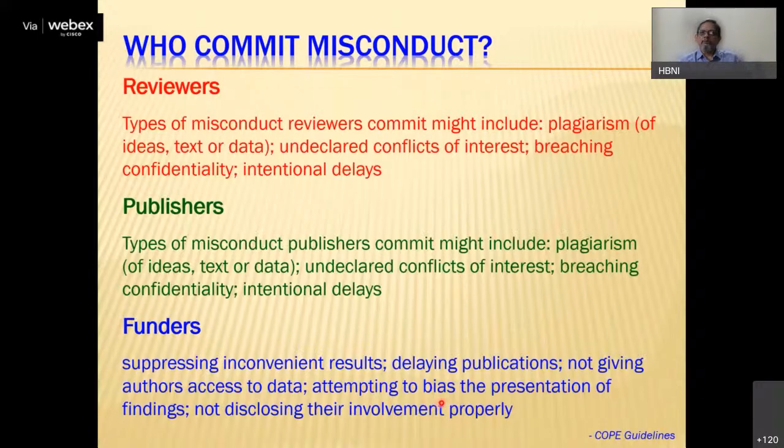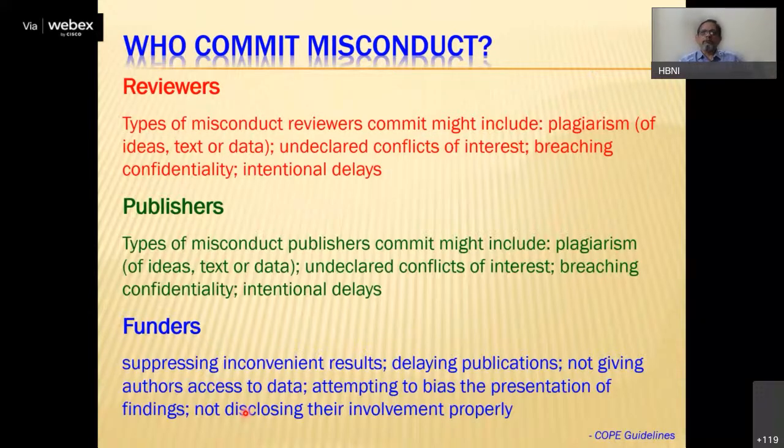They can also attempt to bias the presentation of the research findings which come out from the research activity. And they may also not disclose their involvement properly. That's also like a conflict of interest. So these are some of the people who can commit publication misconduct.